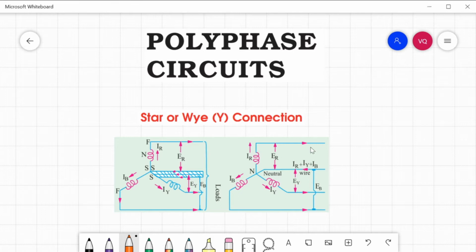So for this case, this is our phase voltage which has a single subscript which is ER connected to the neutral. Also, we have a phase EB and phase EY.